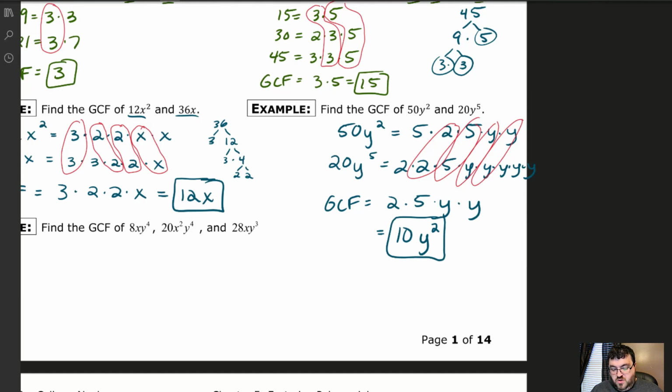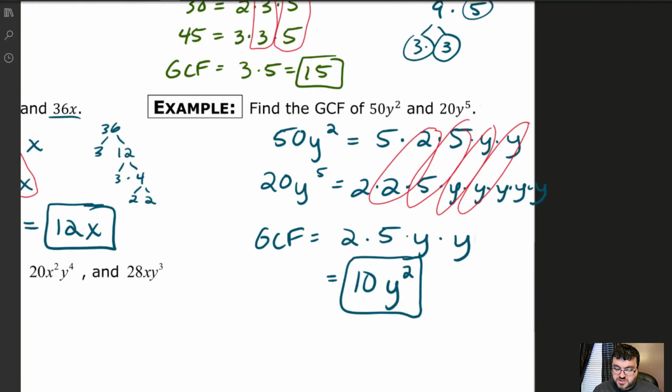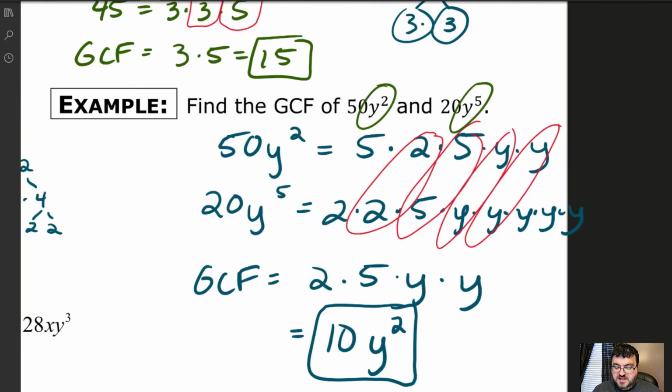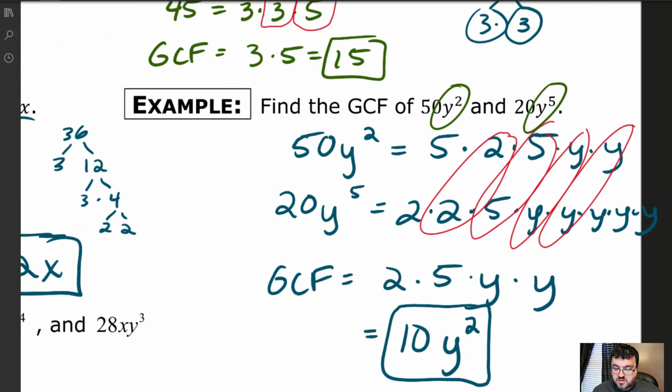Okay? One thing I want to connect with you is if you look at the original problem, the original two things, up here we had y to the second and y to the fifth. Think for a moment about how many y's made it to our GCF. If you see, it was the second power. The two of them made it to the GCF.